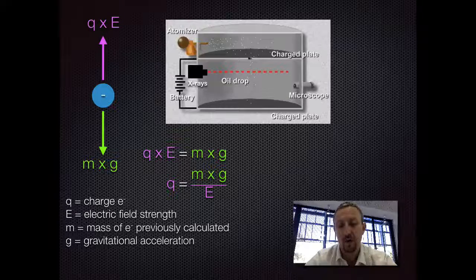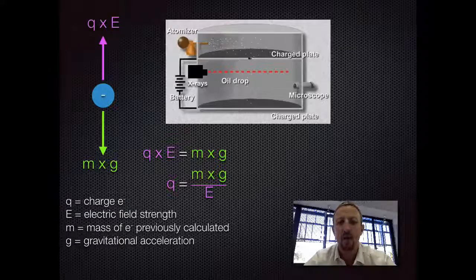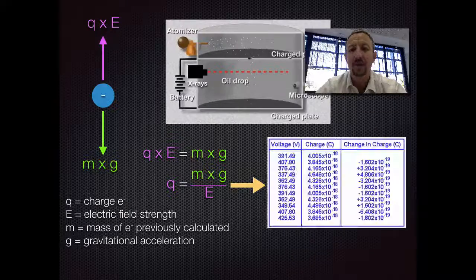So what did he find? Well, the key thing is he didn't actually find Q. What he found was a difference in values depending on the voltages, and he got a set of results that look like this. On the left-hand side we've got voltage, in the middle we've got the charge, and then we've got the change in charge all the way through.